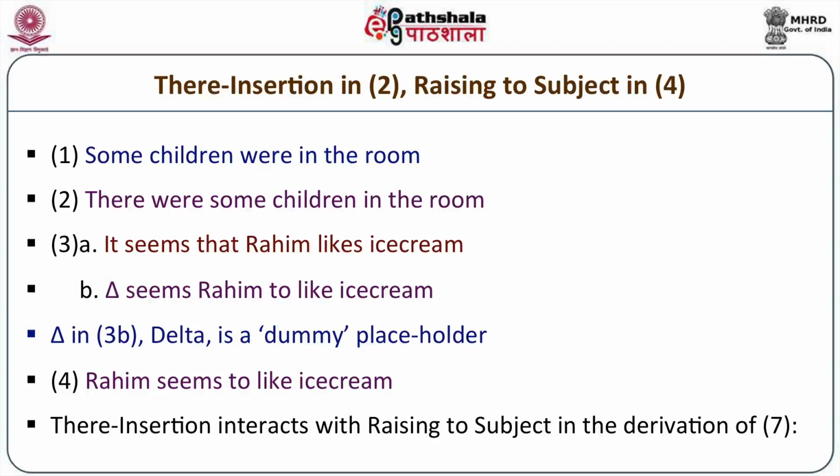Why? In that sentence, it is clear that the clause Rahim likes ice cream is under discussion, and that you're being told that this is the impression one gets. It seems, that is to say, we get the impression that Rahim likes ice cream. That is really the meaning of the sentence.